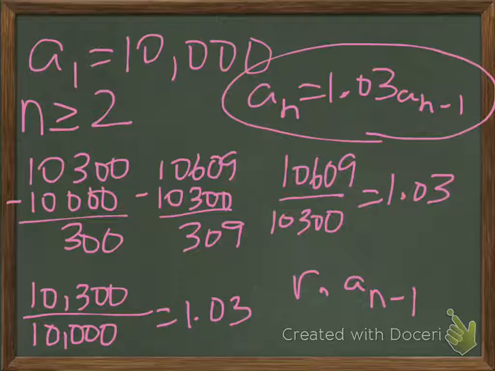Now the explicit formula is going to use this setup if it's not a common difference, which is a sub n equals a sub 1 times the ratio, and then the n minus 1 is in the exponent's position.